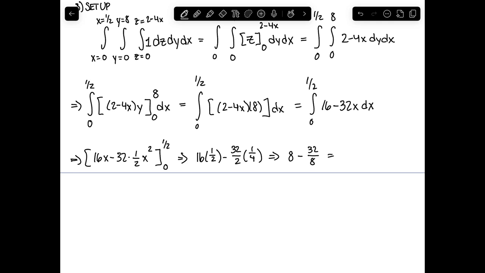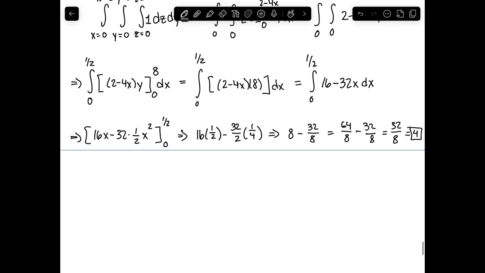And we can rewrite it as 64 over 8 minus 32 over 8, and get 32 over 8, which equals 4. Boom. You don't have to write this, but 4 is the mass of your 3D region. Ugly 3D region. Okay, yeah, that's your answer right there for you.